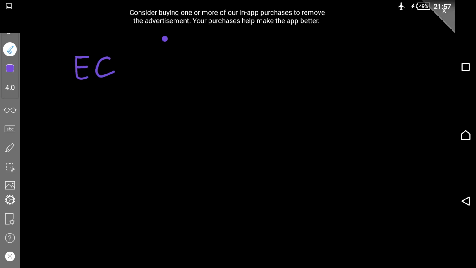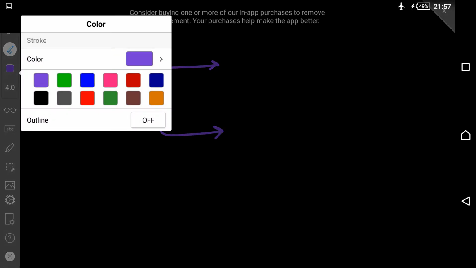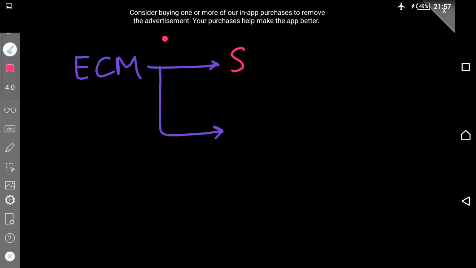Extracellular matrix has different functions. The most important of which is support. This support comes to cells. So the cells of an area of a tissue are supported by the extracellular matrix of that same area of the tissue.